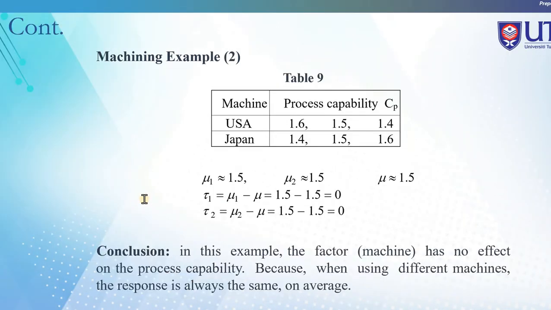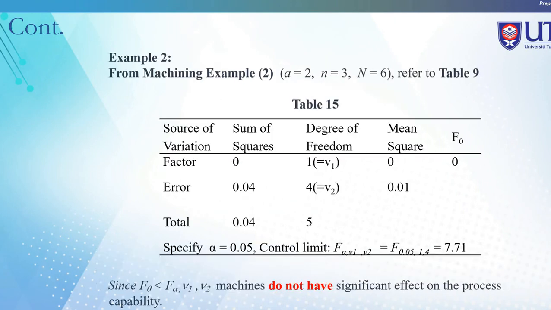Now refer to the second example, in table 9. Here the effect of each level is 0, and just like the previous example, we put in the table the sum of square, degree of freedom, mean square, and then compute the F ratio.